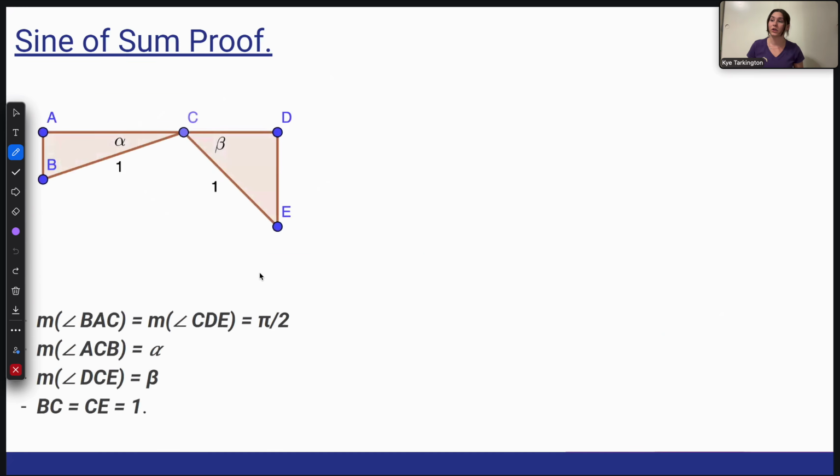All right, so first we're going to start by constructing our figure. We're going to start with two triangles, both right, both with a hypotenuse of 1, and we're going to let this angle here be alpha and this angle here be beta.